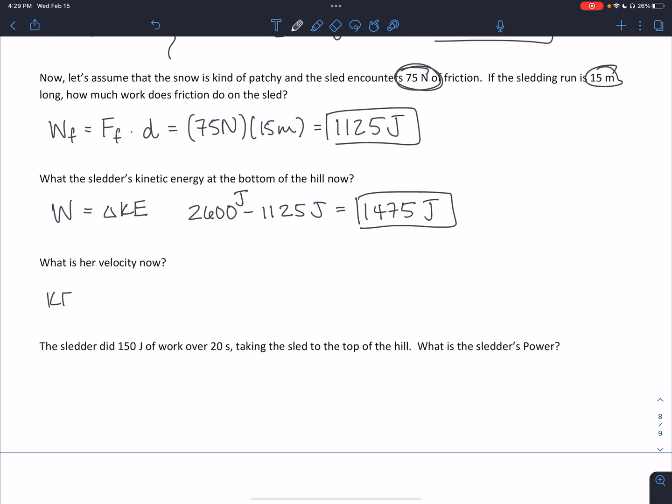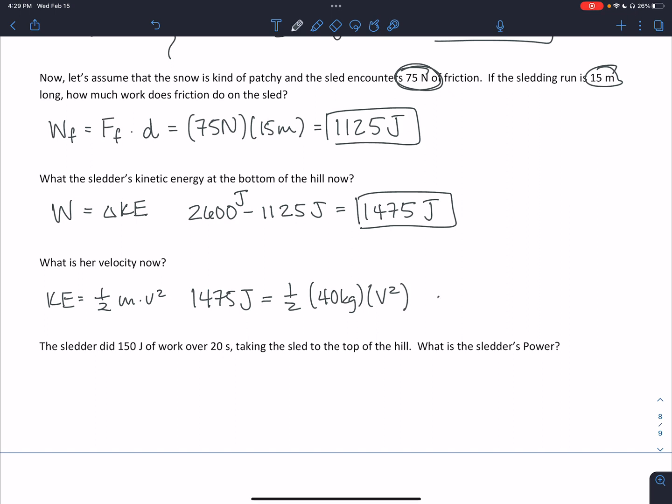Well, we go back to our kinetic energy formula, 1/2 mv squared, and we plug in this time 1,475 joules is equal to 1/2 40 kilograms times velocity squared.